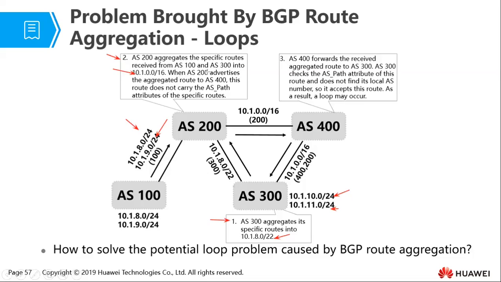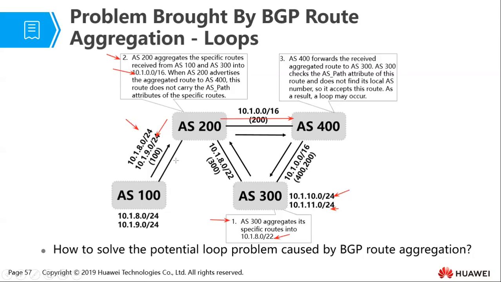Now, when AS200 advertises the aggregated route to AS400, so when the aggregated route 10.1.0.0 is advertised to AS400, this route does not carry the AS path attributes for the specific routes. So you see, when we advertise this route, we carried the AS path.